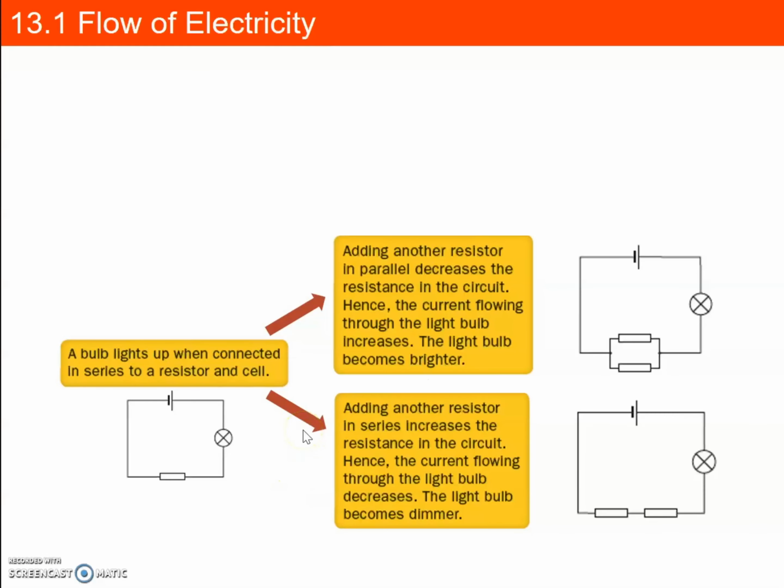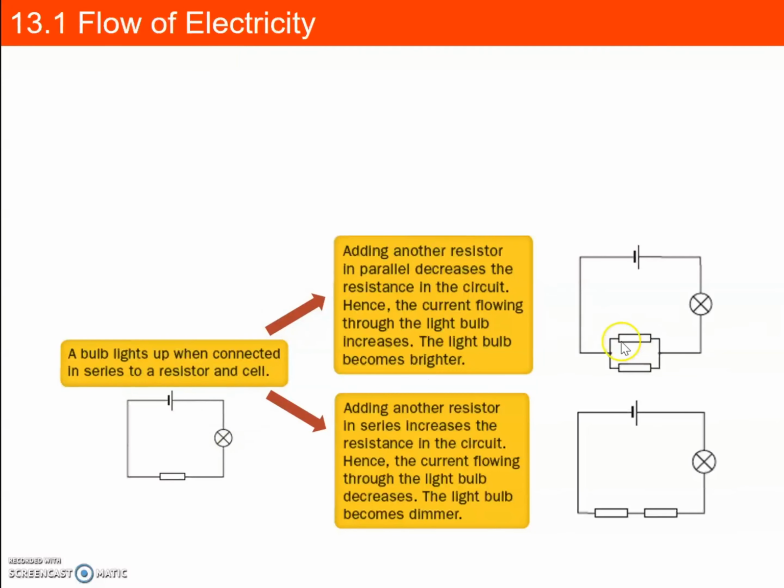Now let us look at an example of how the arrangement of circuit components will affect the resistance. So in this electric circuit here, the light bulb is connected in series with a fixed resistor and a cell or battery. And in this case, the light bulb will light up.